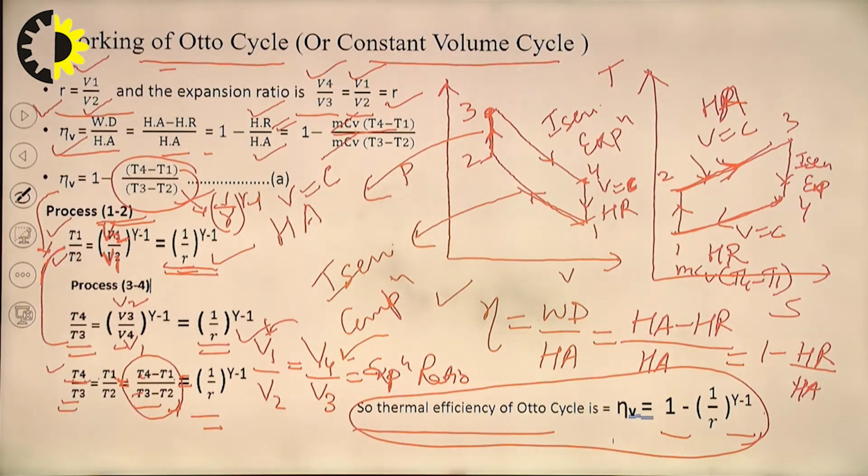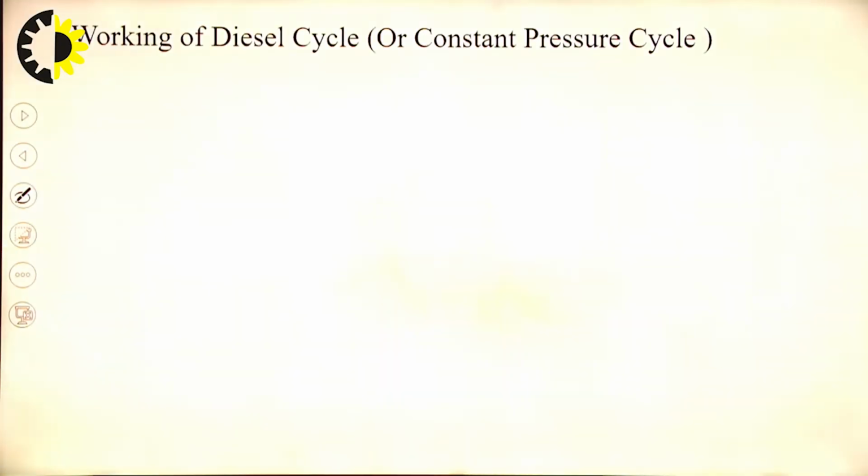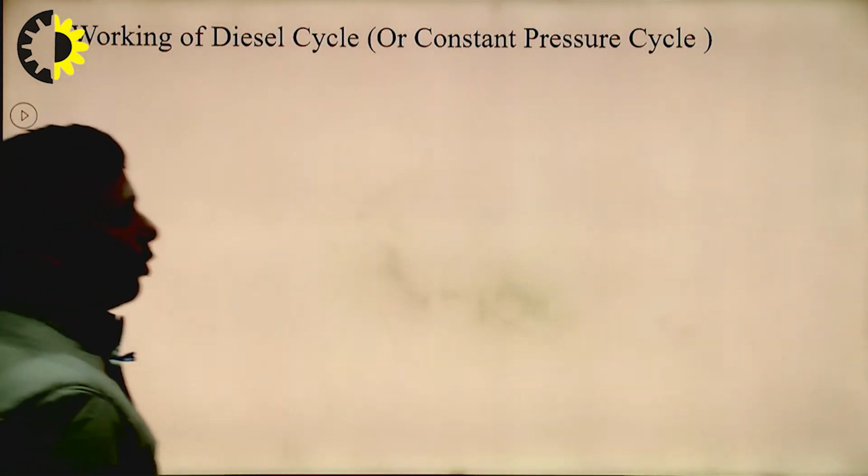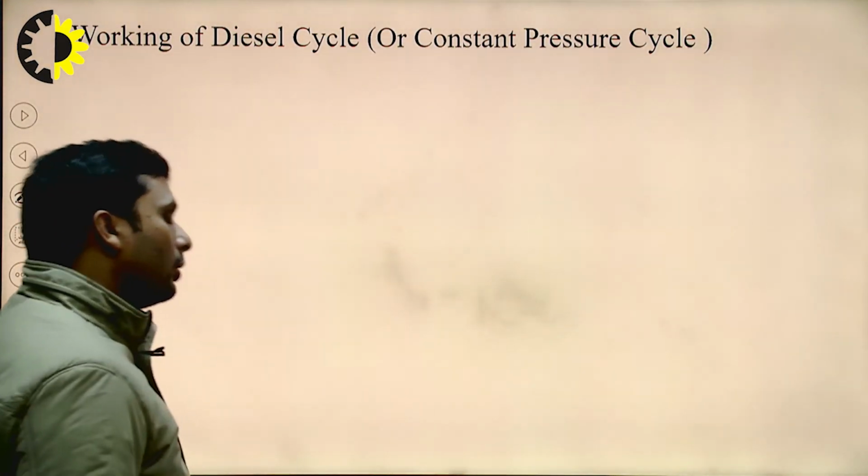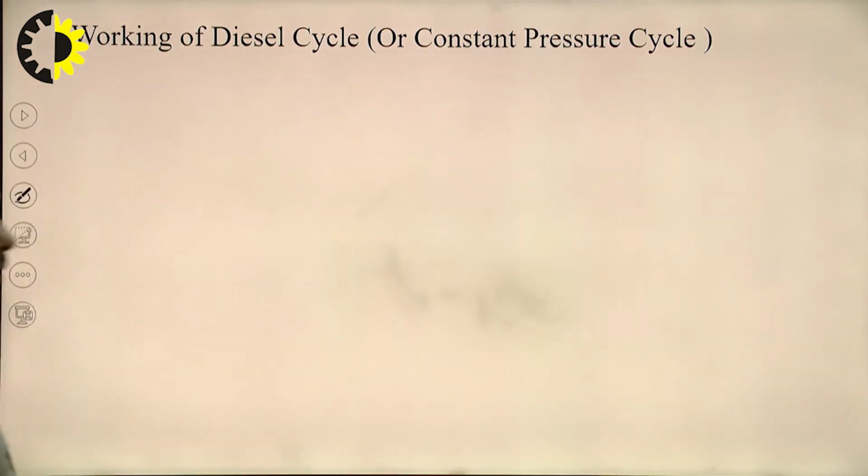So next is the working of the diesel cycle. It is also known as the constant pressure cycle, because in case of the diesel cycle, heat addition takes place at constant pressure.